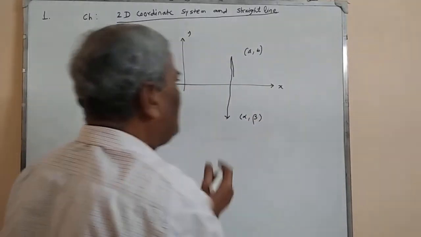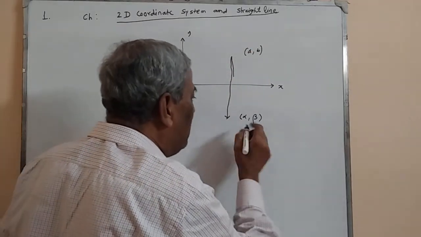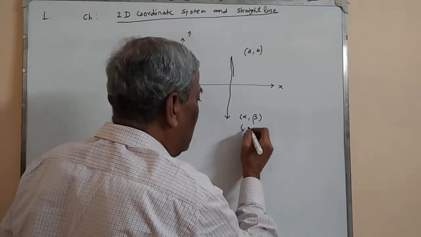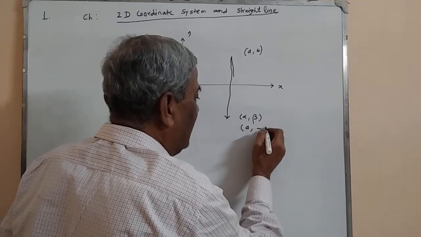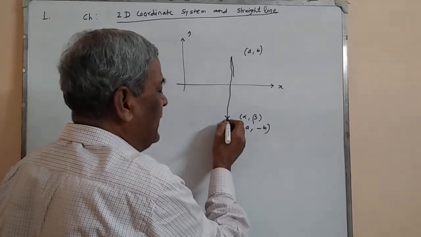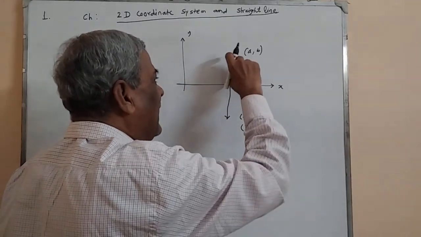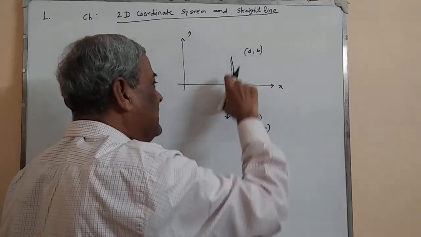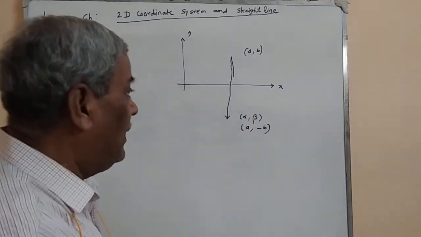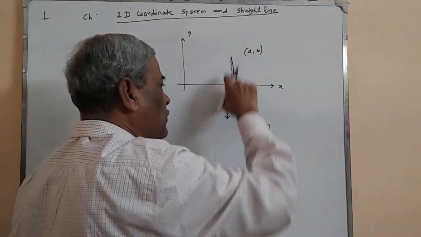So that point will definitely be a comma minus b. A comma minus b means its x coordinate is a, and as this distance and that distance are equal, it is below the x-axis, so it is minus b.